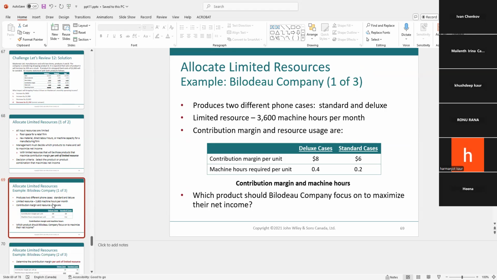So here we're producing two different phones. One is the standard, one is the deluxe. The problem is that we have a limited resource, which we have only 3,600 machine hours per month.